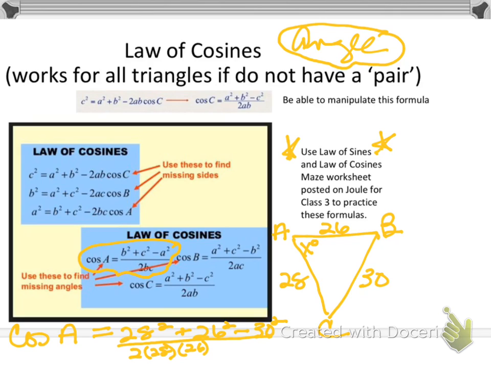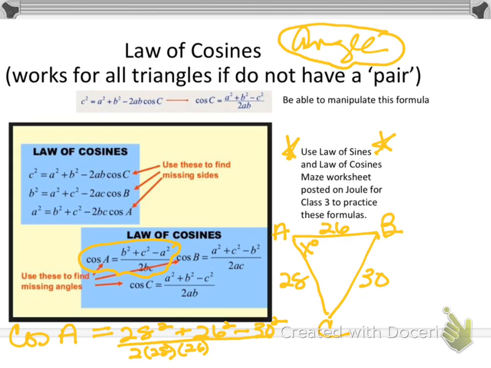So in your graphing calculator, you're going to put that fraction, and then you're going to use inverse cosine of the answer. So using your calculator carefully, if you have to use parens, do that. I have 28 squared plus 26 squared minus 30 squared divided by 2 times 28 times 26.